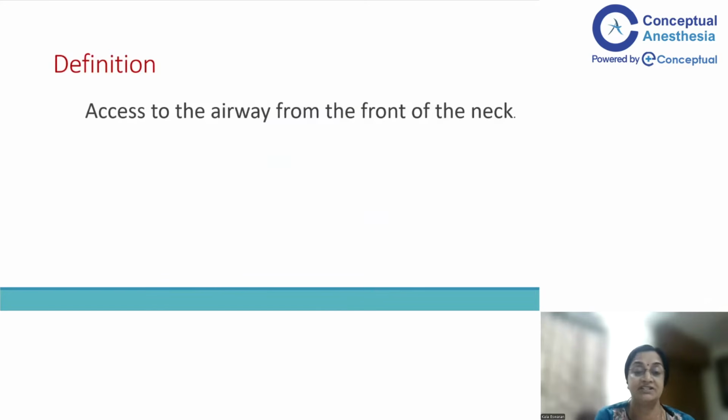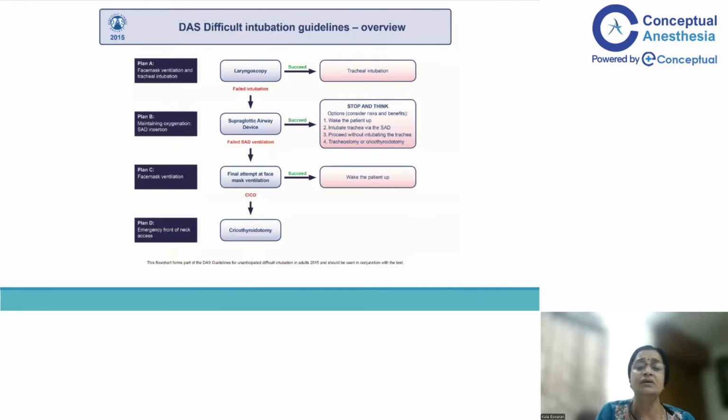So what is the definition? Any access to the airway from the front of the neck is a front of neck access. It can be either emergency or elective. Now, in the DAS, it is plan D, that is emergency. It's for a difficult intubation, especially unanticipated.